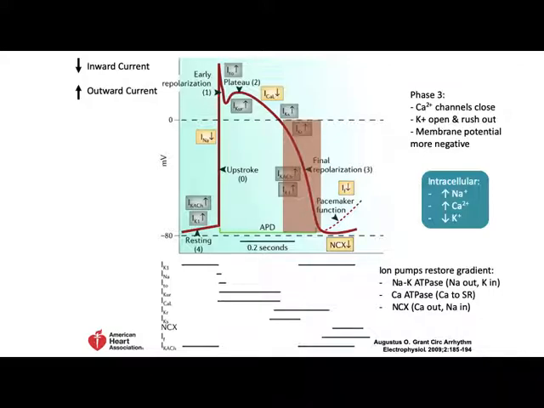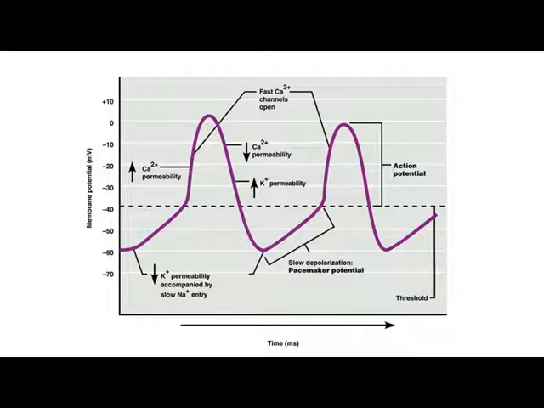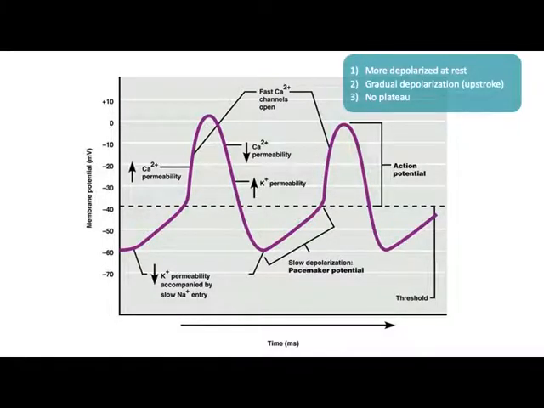What makes the signal? The pacemaker cells are those that make a signal, and a general trace for the waveform of a pacemaker cell is shown here. Notice the characteristics of this graph look fairly different. First, these aren't nearly as depolarized.